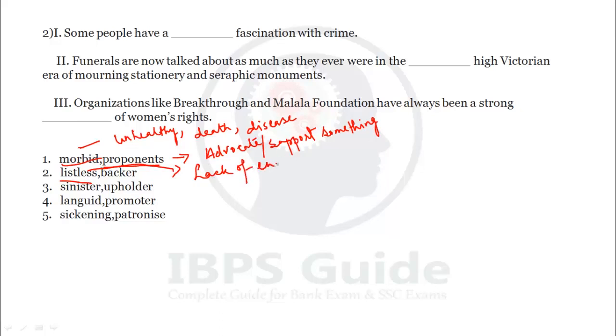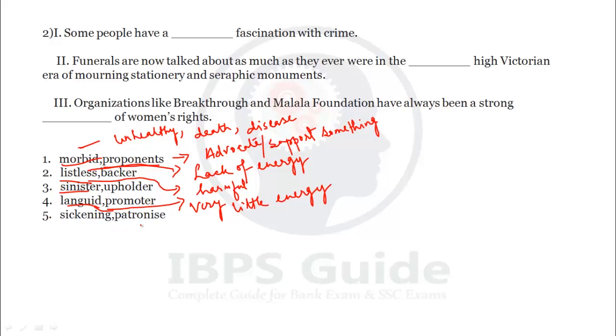Sinister means having a very bad and harmful nature, a harmful person. Languid is also lazy, having very little energy. And sickening means becoming sick, falling ill.